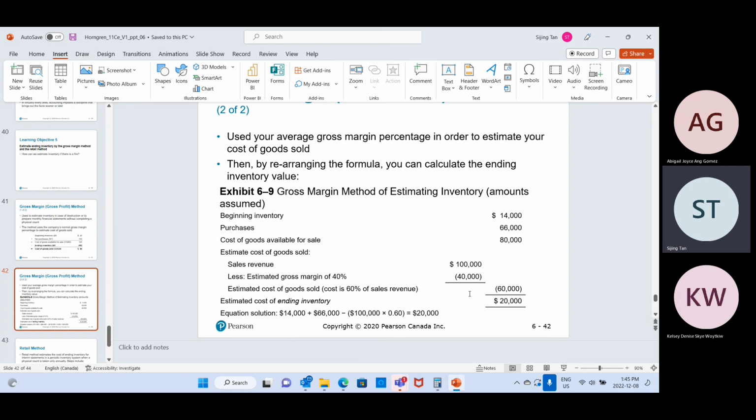This is the formula. Remember it or memorize it, because you're going to use this one to answer one of the questions in your final exam. It will give you all the information and ask you to calculate the cost of ending inventory. Okay. Question?